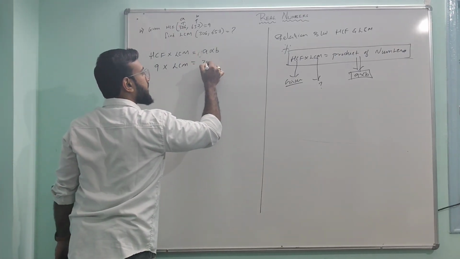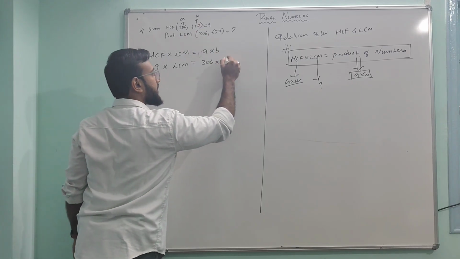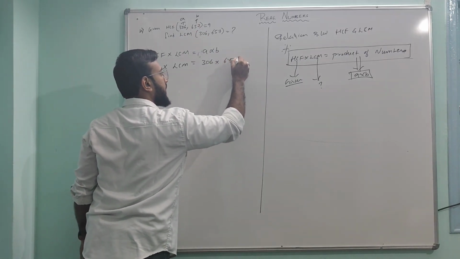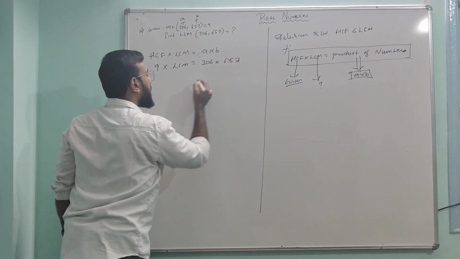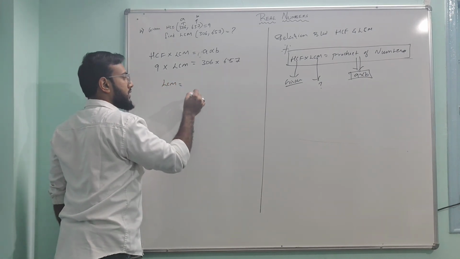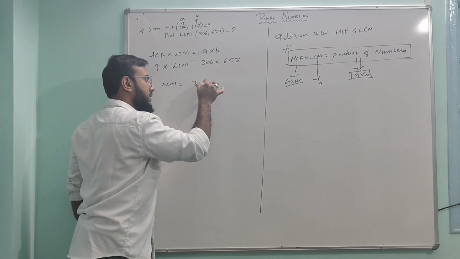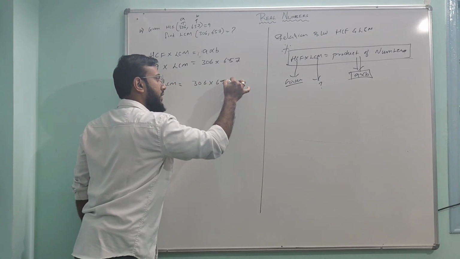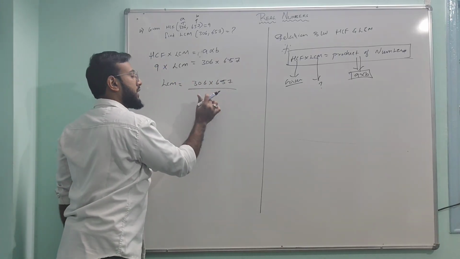We know A is 306, and B is 657. So the LCM is equal to 306 into 657 upon 9, multiplication goes to division.